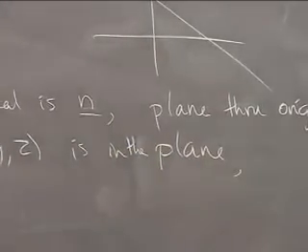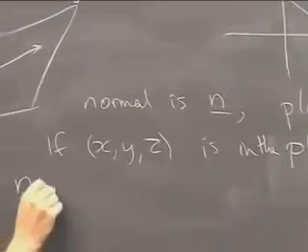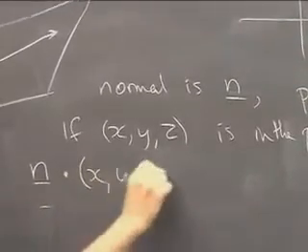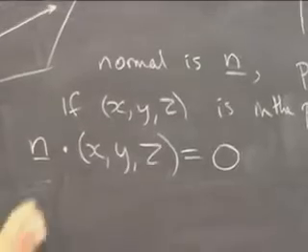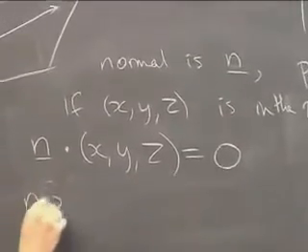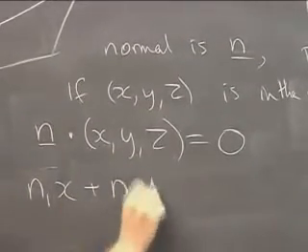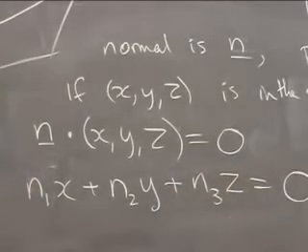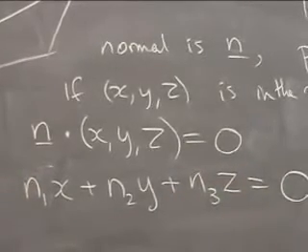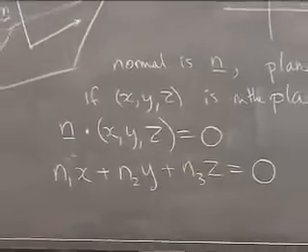Then we know that n dot xyz is equal to 0. So this means that the equation of the plane through 0 is n1x plus n2y plus n3z equals 0. So that's a plane through the origin with normal n1, n2, n3.